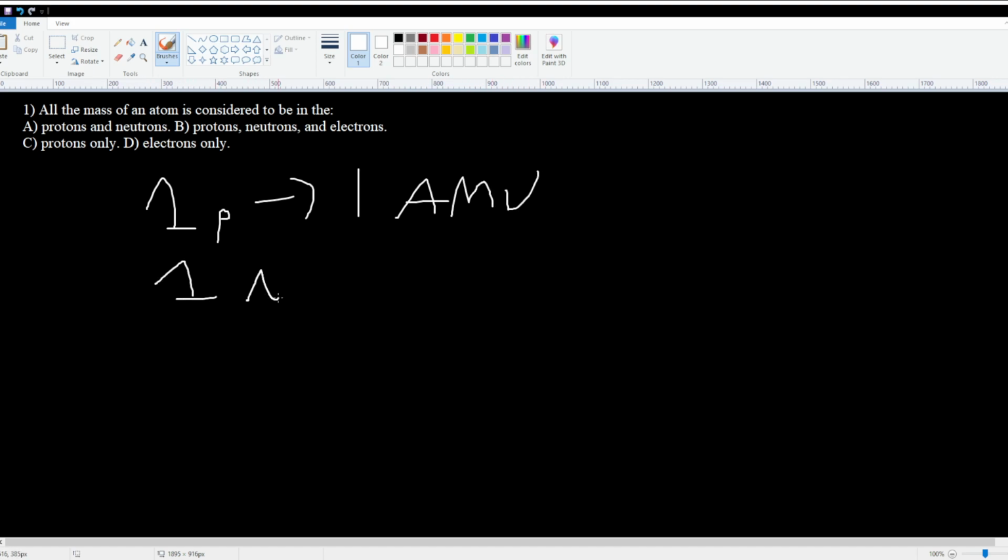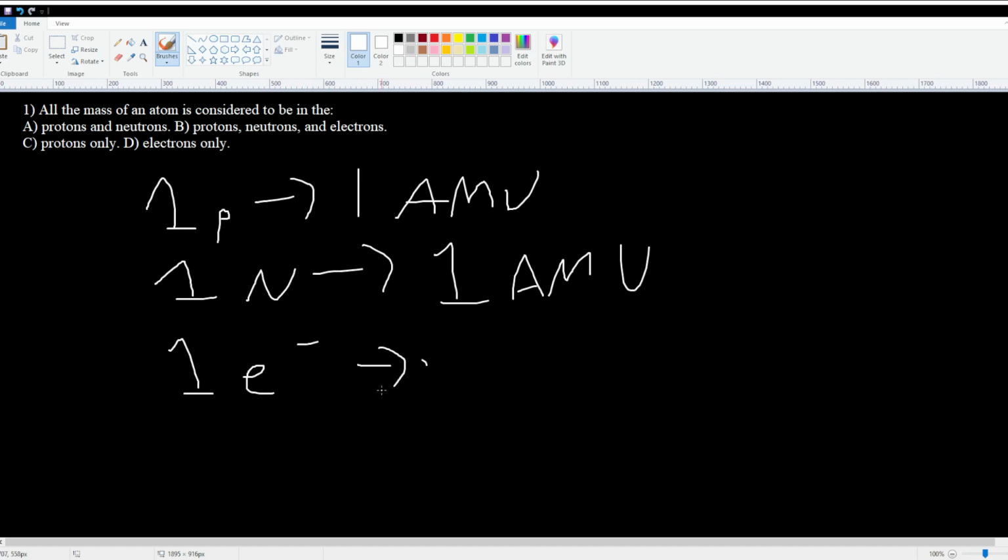And then 1 neutron is also considered 1 AMU. But then you get to 1 electron, and electrons are measured at about 0.0005 AMU. Electrons are really tiny, so they are orders of magnitude smaller than protons and neutrons.